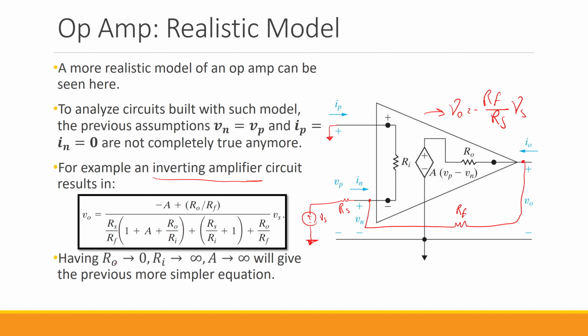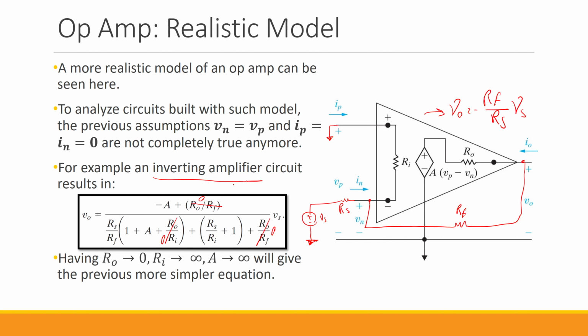One thing that we assumed was Ro to be 0. If we assume Ro to be 0, then this term equals 0, and this term equals 0, and on top this becomes 0. We also assume that Ri goes to infinity or is very large.